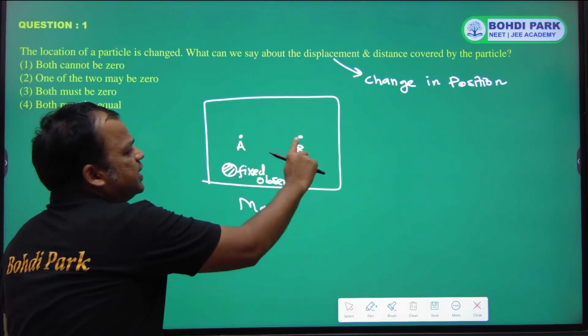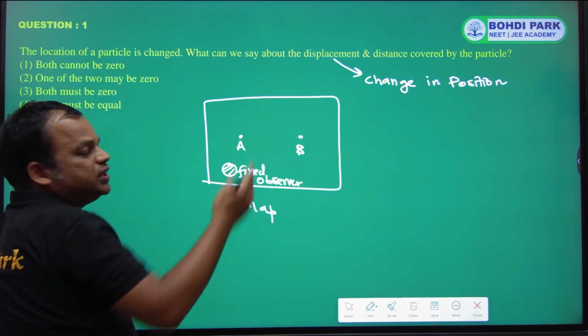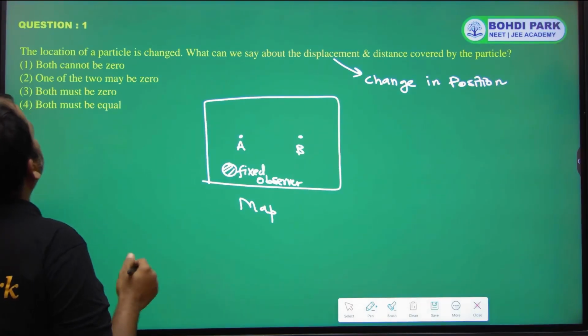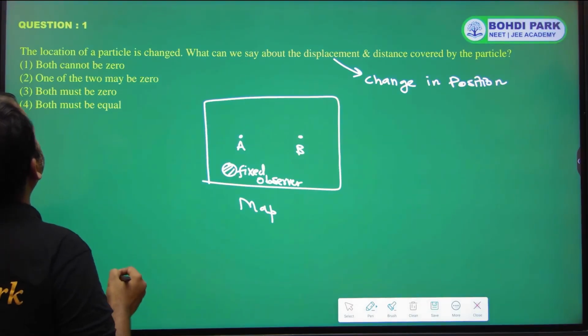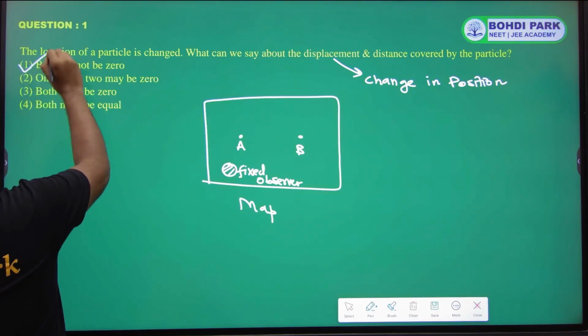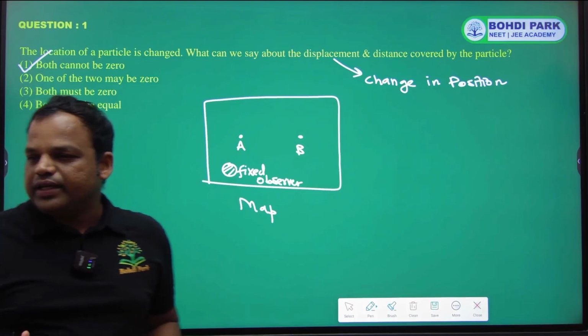Maybe it is a straight line or semicircle or any different route. So distance is also non-zero, displacement also non-zero. So both are non-zero, so both cannot be zero. Finished. Okay. Now next.